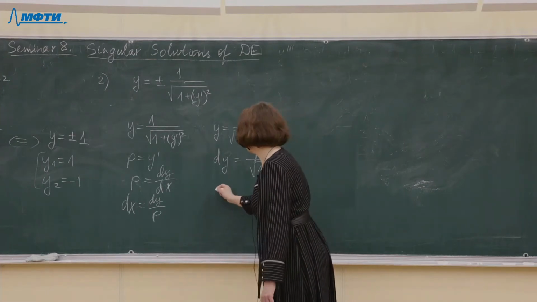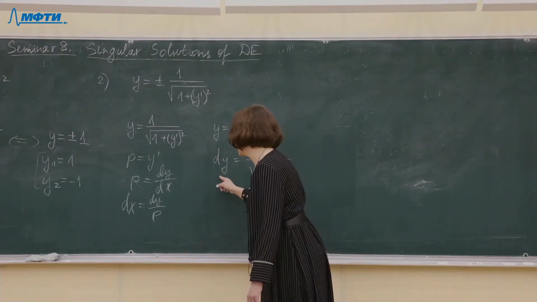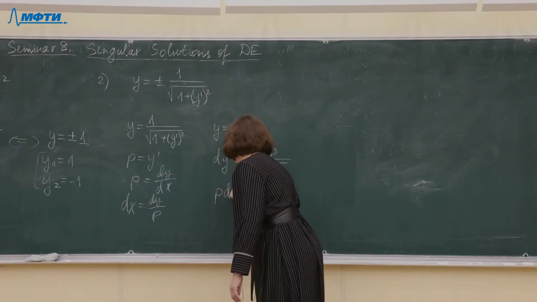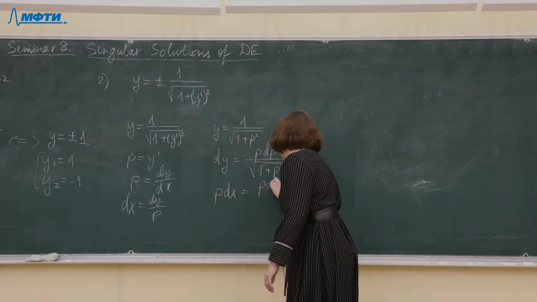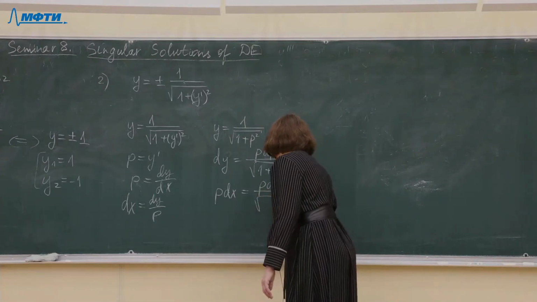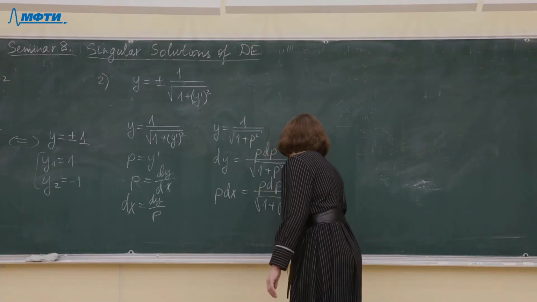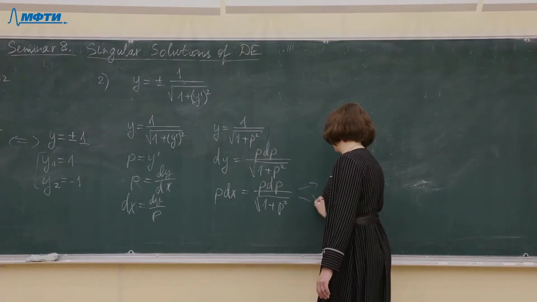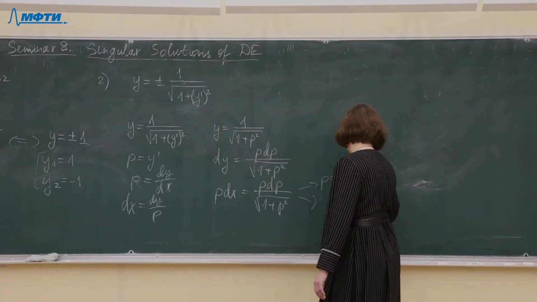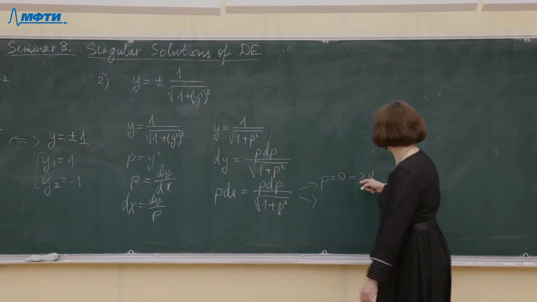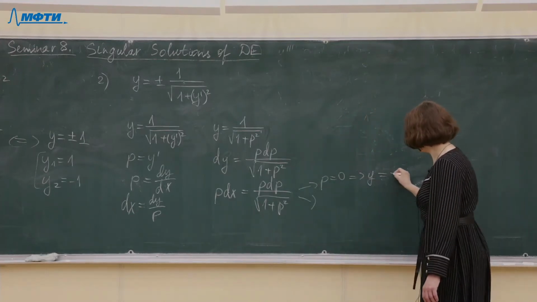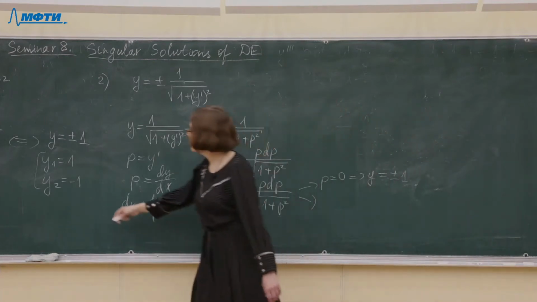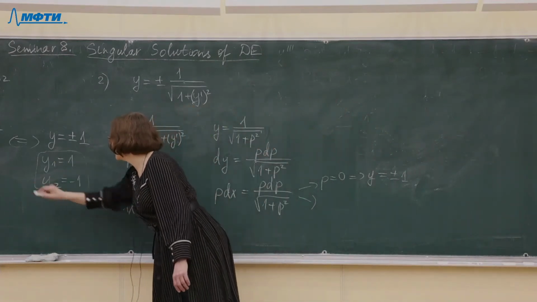After this, dy will be replaced by p dx equals p dp over 1 plus p squared. And from this equation we have p equals 0, and so it implies two solutions, y equals plus or minus 1. So they are already found.